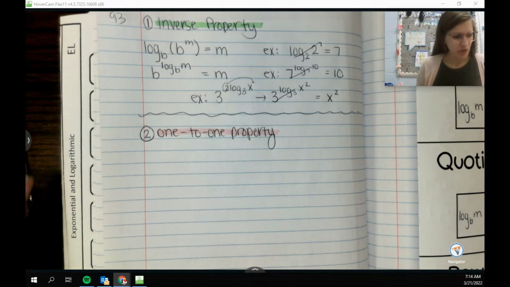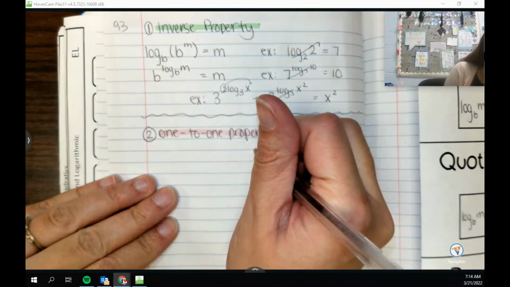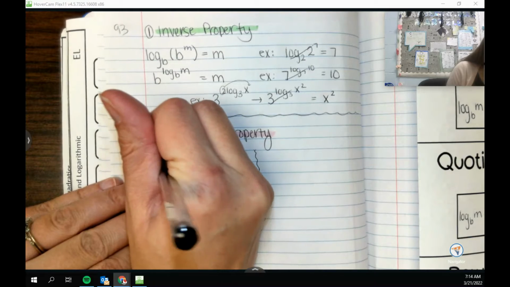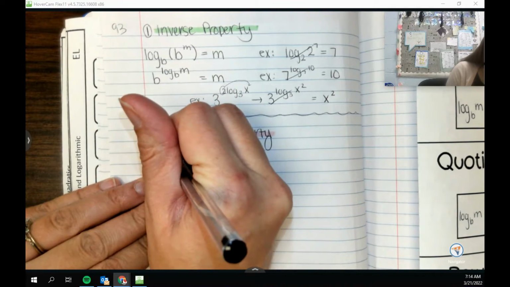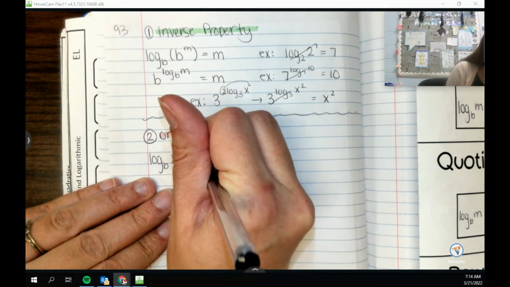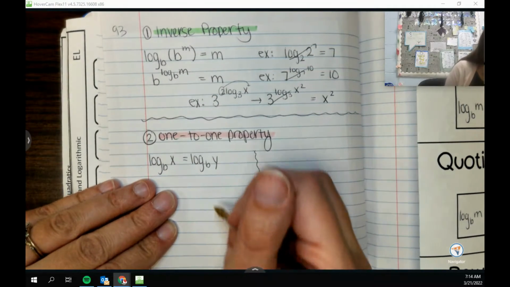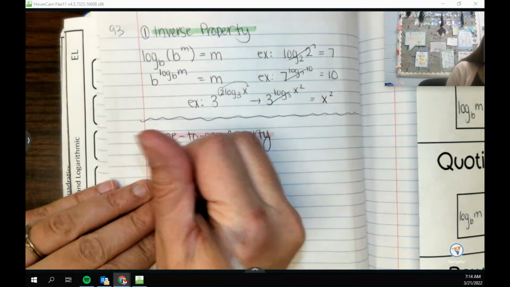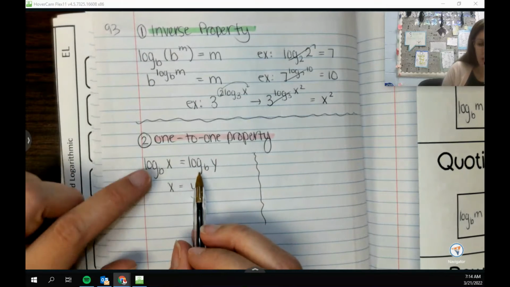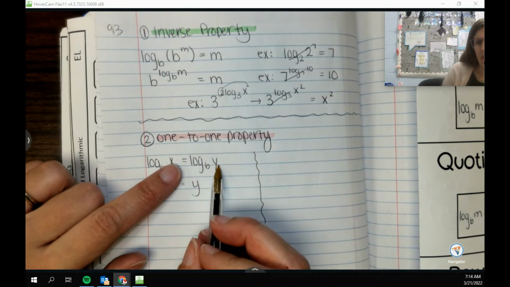Or with exponentials. So let's do a little 2-column thing here. If I have log base b of x equals log base b of y, then I should just know that x is equal to y.